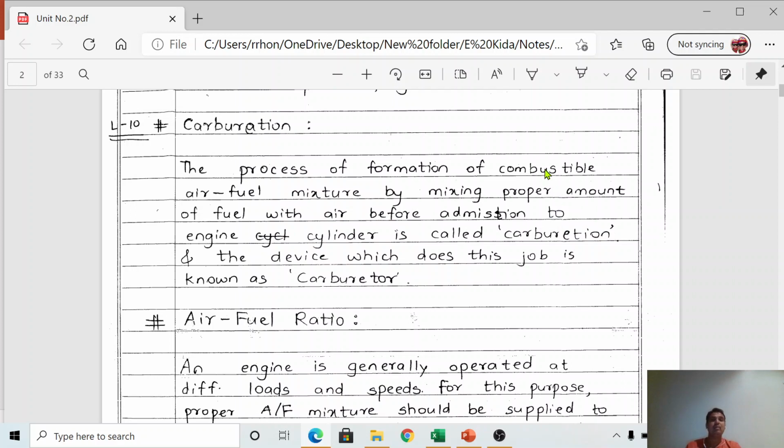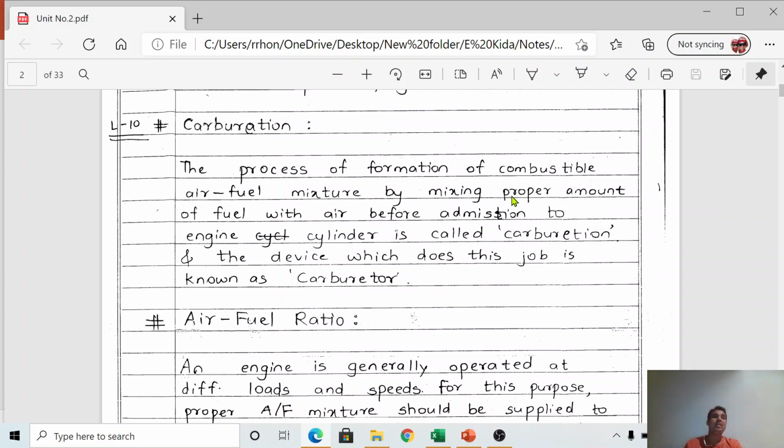Okay, what does combustible mixture mean? That mixture should burn whenever ignition takes place inside the engine cylinder, and that mixture is called a combustible mixture. And how may that combustible mixture be prepared?